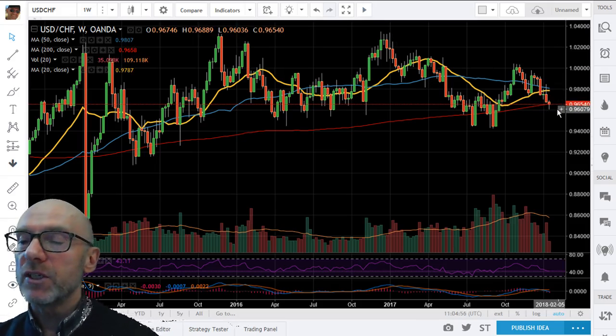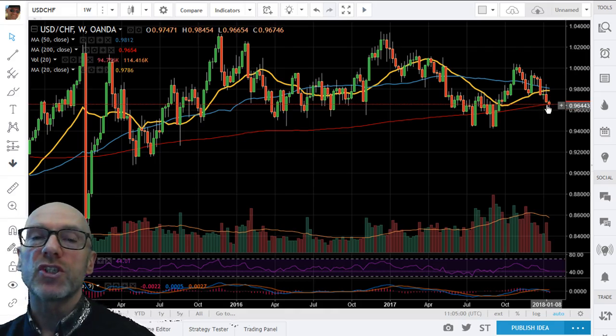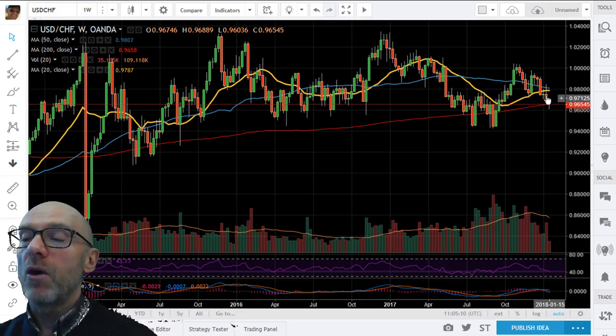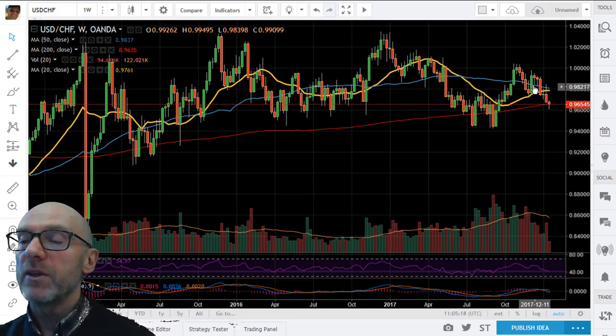At the moment, you can see we're finding support on this red line, which is the 200-week moving average, which could be good, but it is a support line, so let's wait and see what happens. However, of a concern for any upside potential are these other moving averages. The yellow line is the 20-week and the blue line is the 50-week.